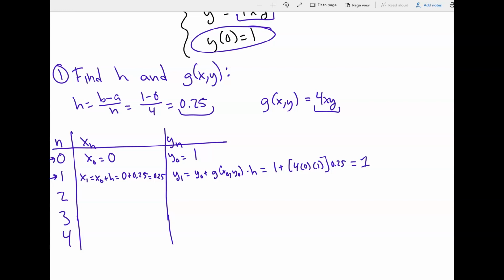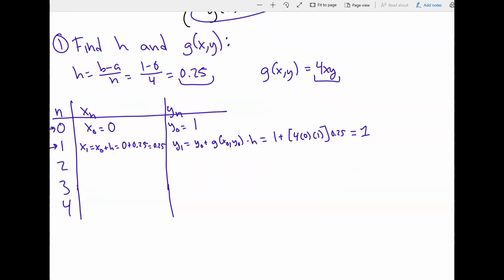Okay, so now I'm going to do it for n equals 2. So when n equals 2, x2 is equal to x1 plus h. x1 in this case was 0.25. I'm going to add it to 0.25, and I'm going to get 0.5. So my y2 is going to be equal to y1 plus g of x1, y1 times h.